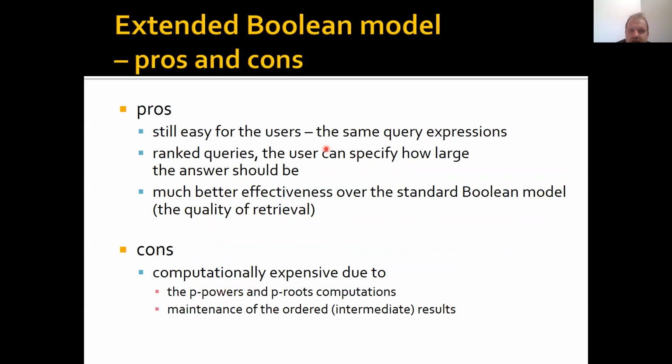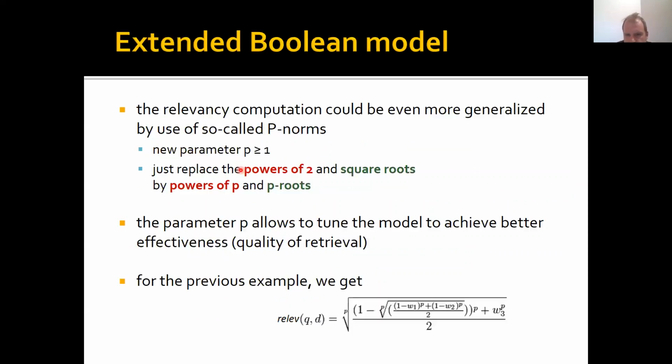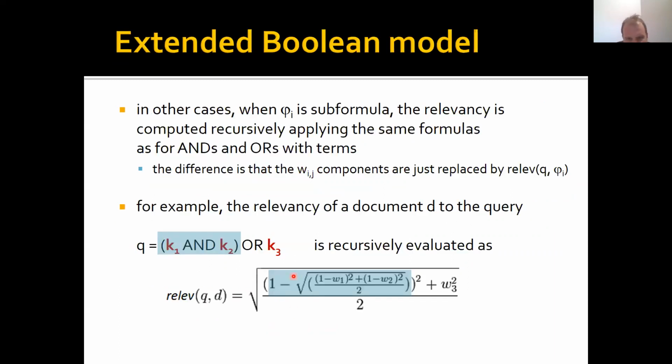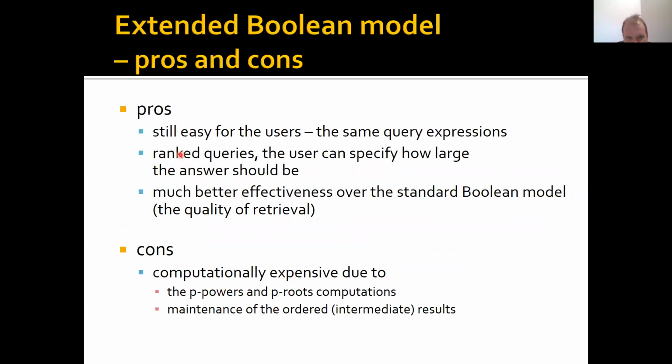And we get some value from this, and this is ranked queries, because we get these relevances, which are real valued numbers, and because of these real values, we can rank the result. So the user can then specify how large the answer should be, because there is a nicely ordered result, and the size of the prefix that is regarded as an answer could be dynamically changed.